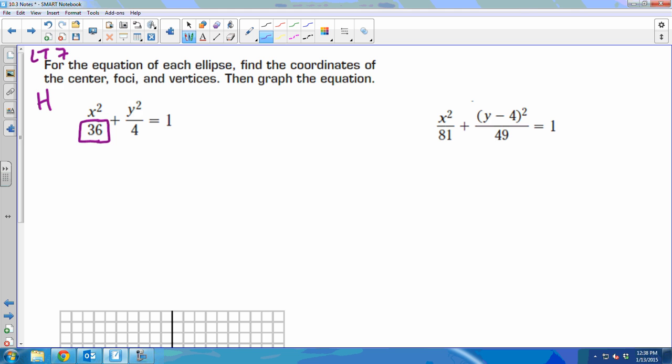So then on the second example, it's also under the x, so it's also horizontal. If the larger denominator was under the y, it would be vertical. That should make a difference because there's 2 pieces to that note sheet, that chart I gave you yesterday. You got to make sure you're using the right piece, the horizontal piece or the vertical piece.